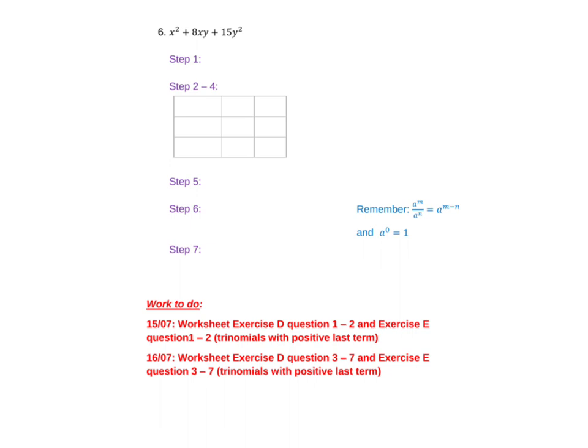Just keep your head straight here. So it's x squared times 15y squared. First times last is then 15x squared y squared. Now that is the number we want to factorize for this step.